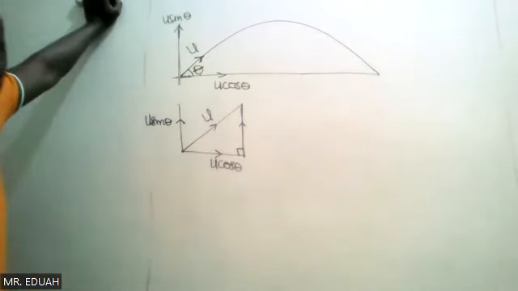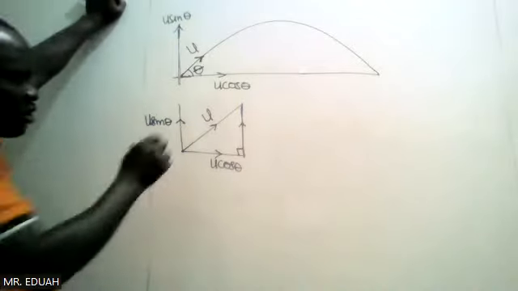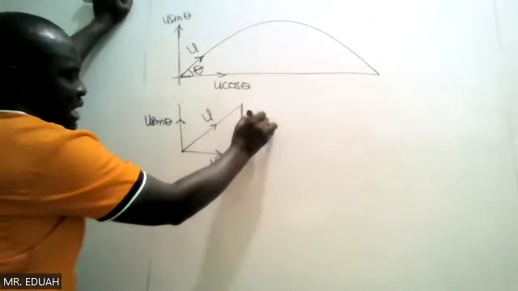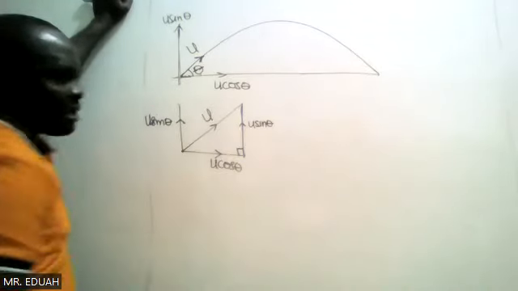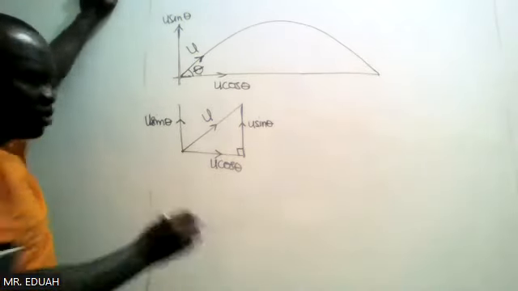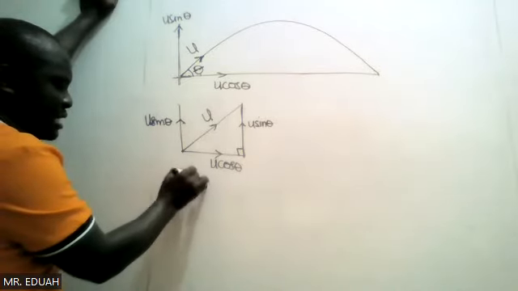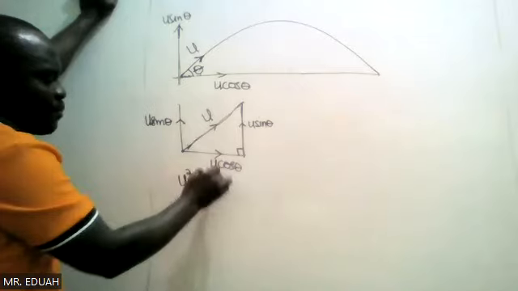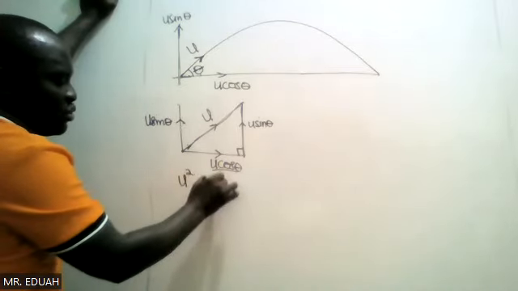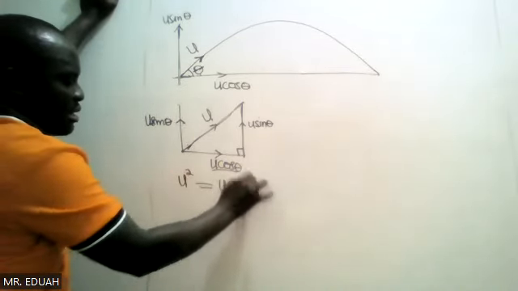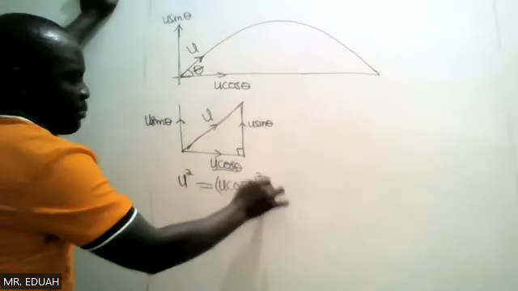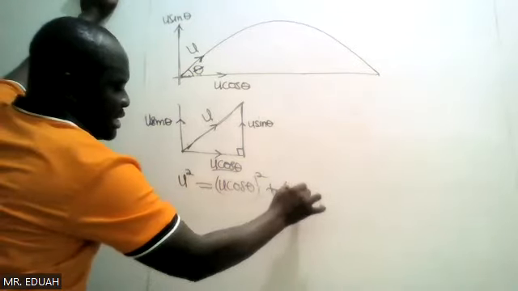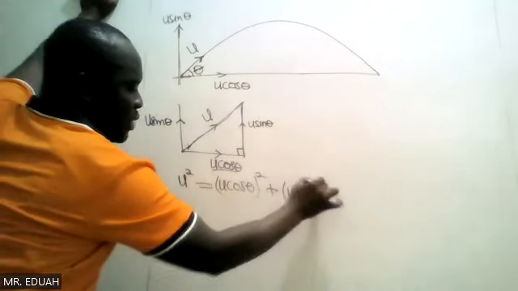So one other thing you have to understand is that, by Pythagoras theorem, this is u sin theta. By Pythagoras theorem, u squared, the square of this side, is equal to the square of the horizontal, u cos theta squared, plus the square of the vertical, u sin theta squared.